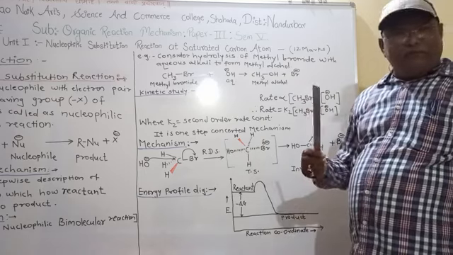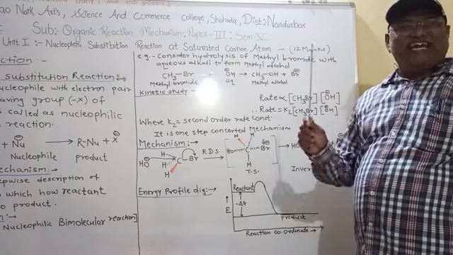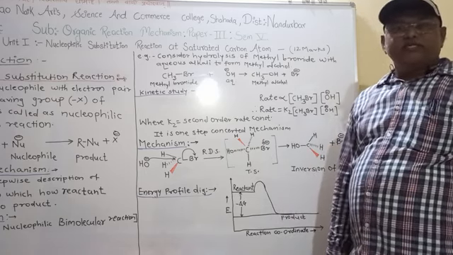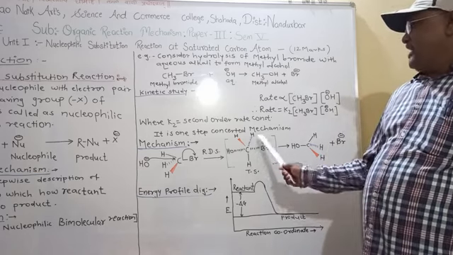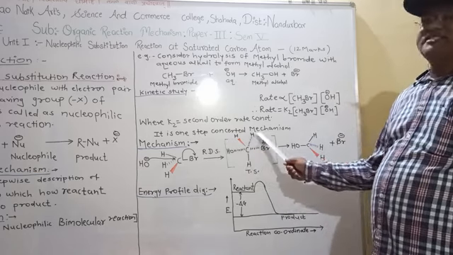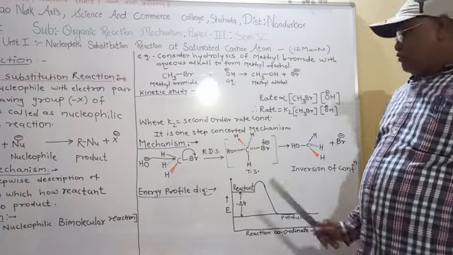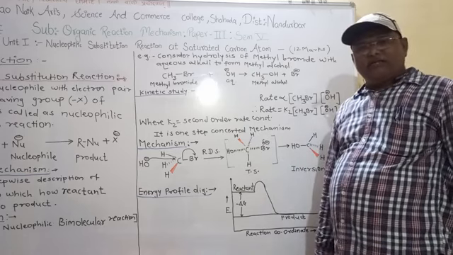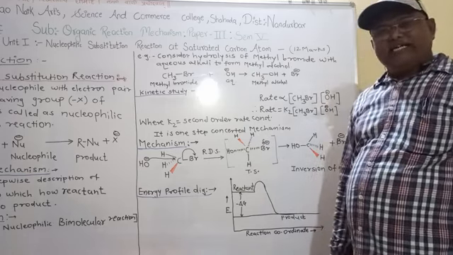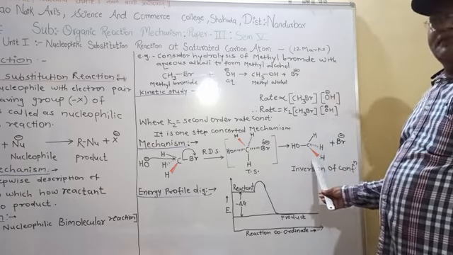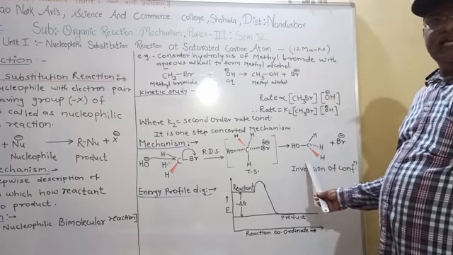Means bond breaking and making takes place simultaneously. So this mechanism is called as concerted mechanism. Now this transition state is unstable, so it breaks immediately and we get the final product, that is methyl alcohol.